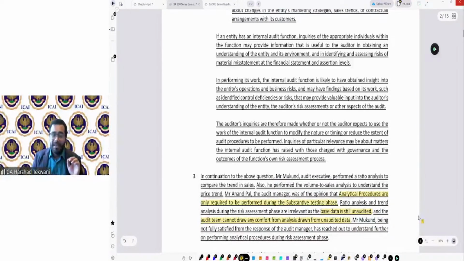If it is necessary, then give the reason why you think analytical procedures are necessary at the risk assessment phase. Think whether it would be appropriate because the base data is unaudited. So the concern is that the base data is unaudited. Should we perform analytical procedures?